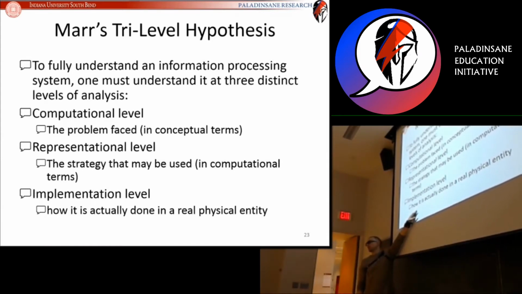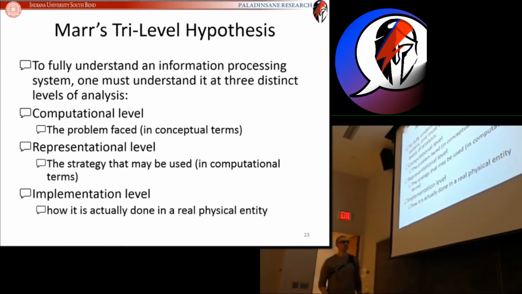This is basically the study of how do the axons and dendrites and synapses and connections and lobes and everything in your brain, and also parts of your body, that's the embedded body hypothesis, and also your environment, that's the extended mind hypothesis. How do they all come together in a real physical thing in order to do that representational level? And if you have all 3, you will have a complete understanding of information processing, or the complete understanding of the mind.